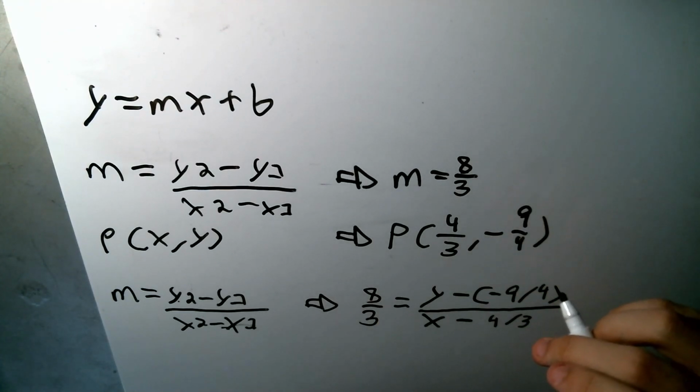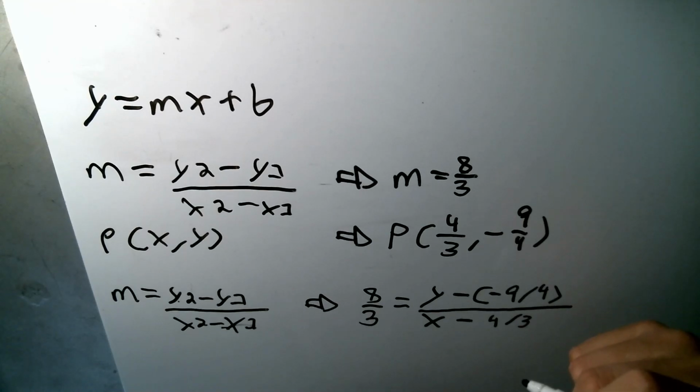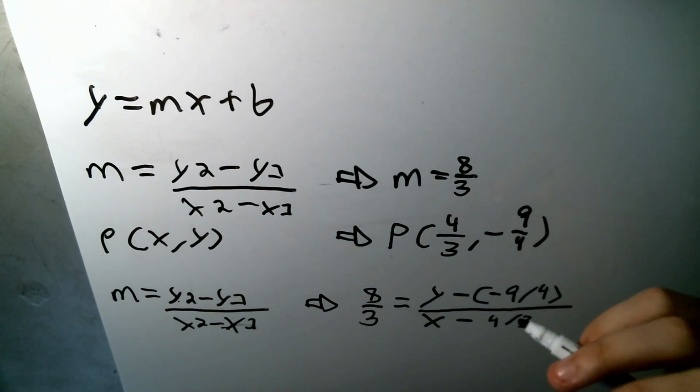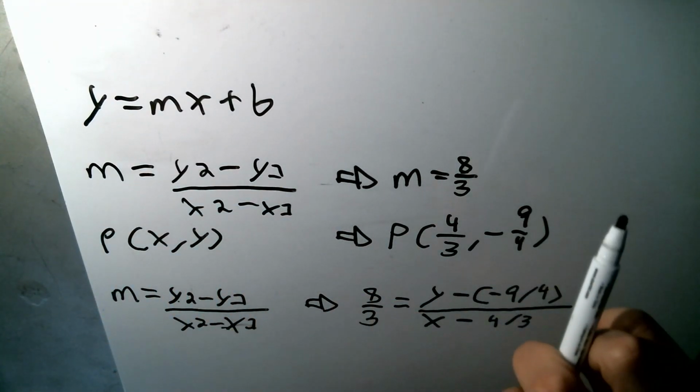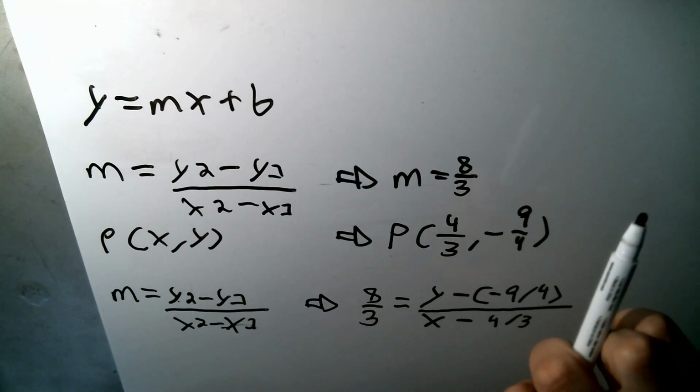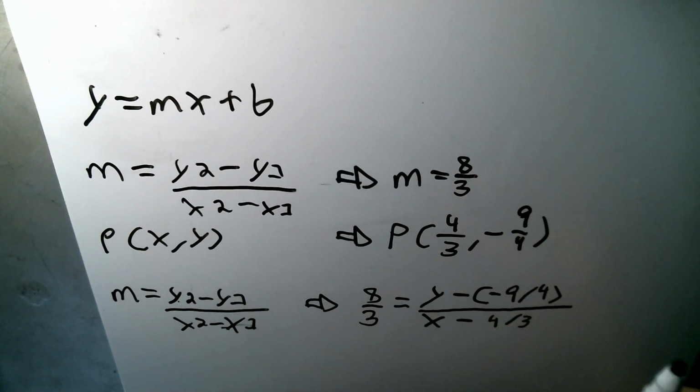Now the only thing we have to do is solve until we get an equation similar to y equals mx plus b, the equation of the line, or an equation in the slope-intercept form. So we are going to proceed with that. We have here x minus 4/3, which is dividing on the right side.